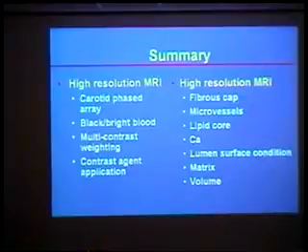What this gives us now is a non-invasive tool. We can follow patients over time to see what truly changes in real patients. We're hoping that with these techniques and quantitative information about the different tissues, we should be able to come to an imaging-based vulnerable plaque definition that can be used clinically for optimal selection of patients for proper treatment.